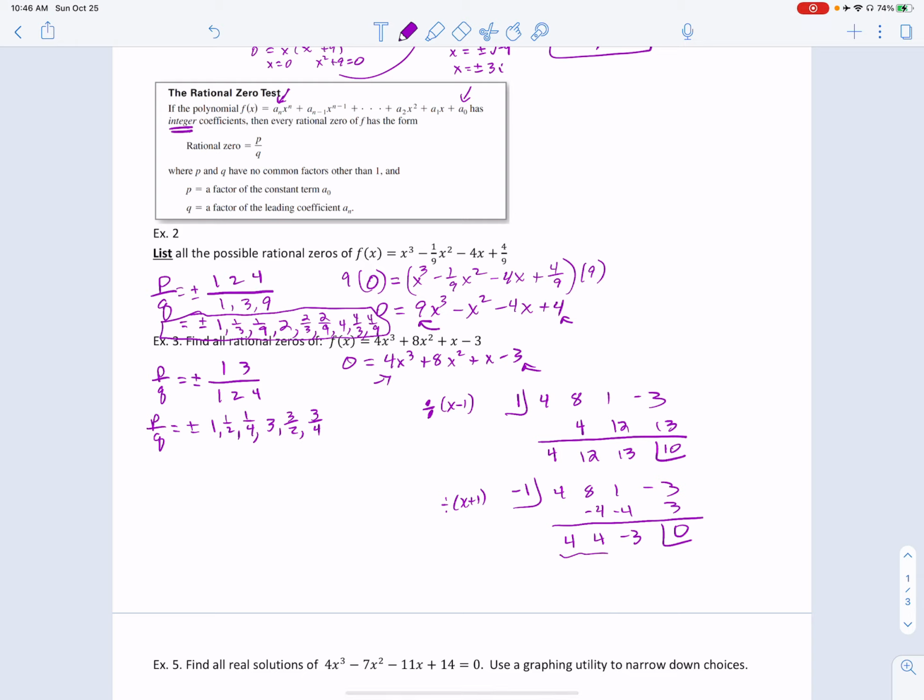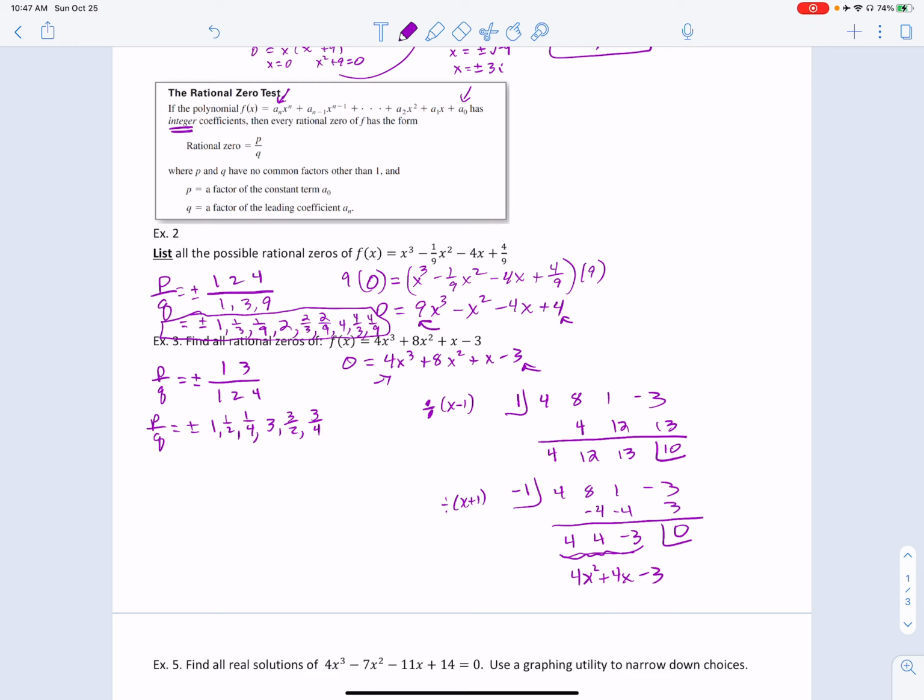And this right here gives me the coefficients of a polynomial that is of 1 degree less than we started with. We started with an x cubed, so these are the coefficients of a polynomial of degree 2. This represents 4x squared plus 4x minus 3.